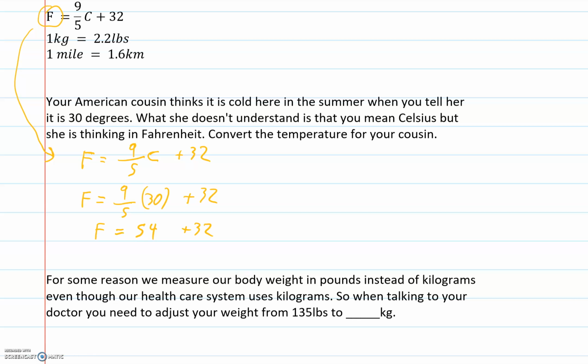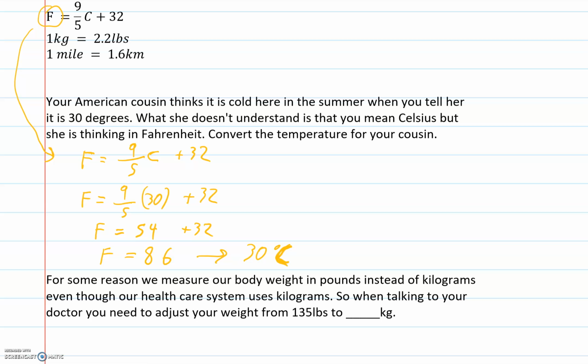And then plugging that into your calculator again, or just adding those, we are left with 86. So 86 Fahrenheit is the same thing as 30 degrees Celsius. So that's all it is. It's just literally using whatever formulas that you are given in order to find your answers.